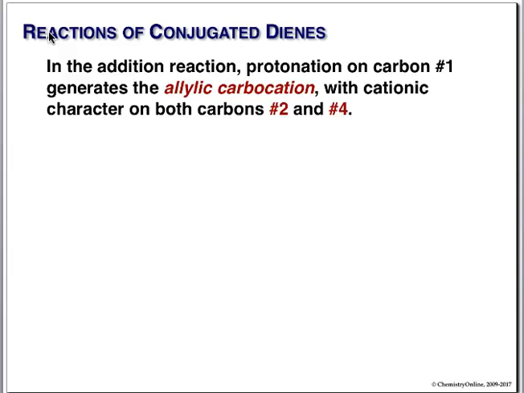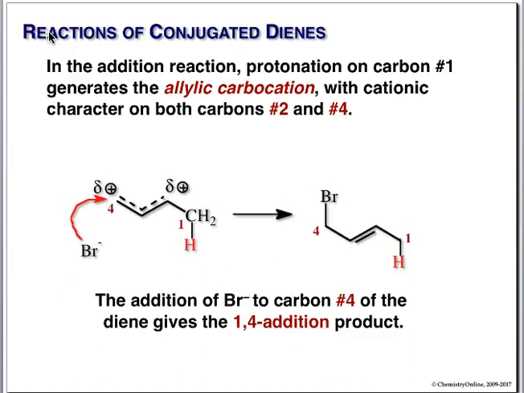So what you're really dealing with here is a carbocation that has character on both carbon 2 and carbon 4, and Br- could add to either one. We have our 1,2 product, or we have our 1,4 product. Any questions?